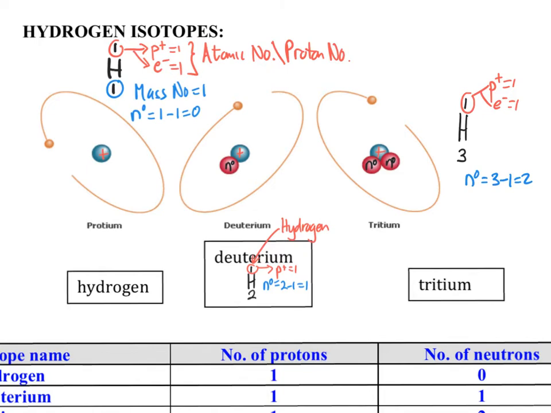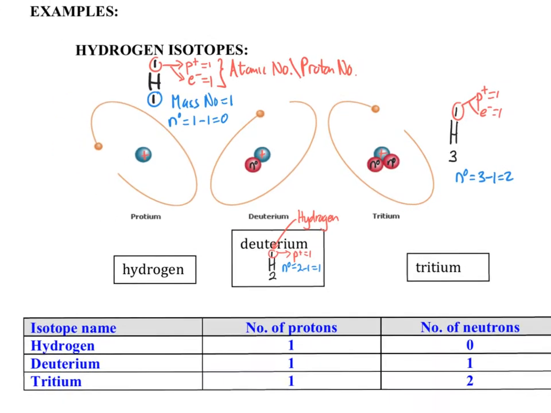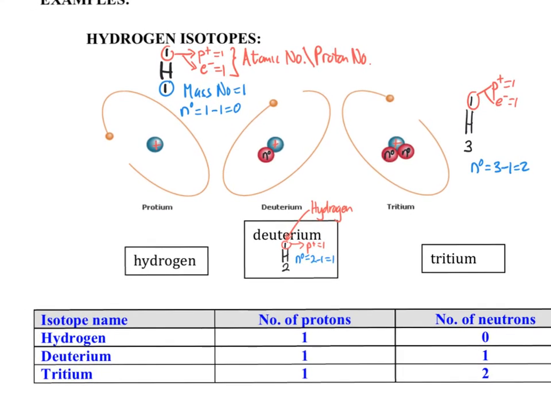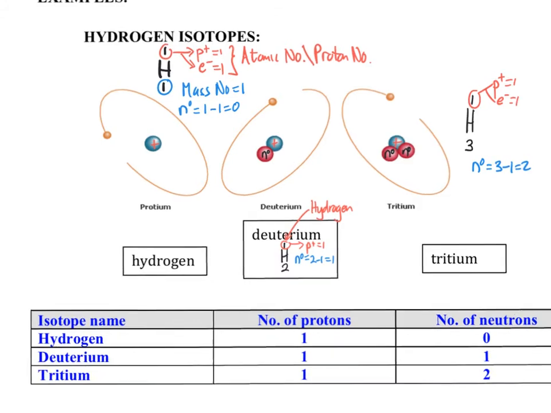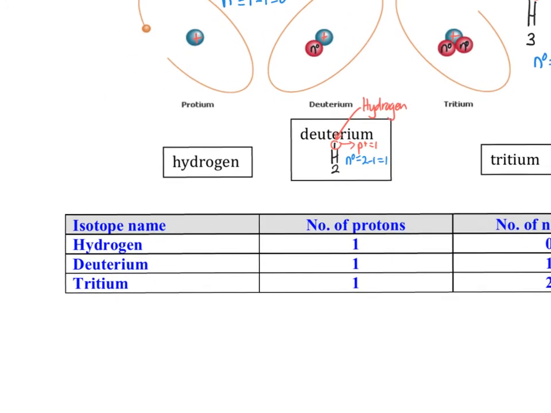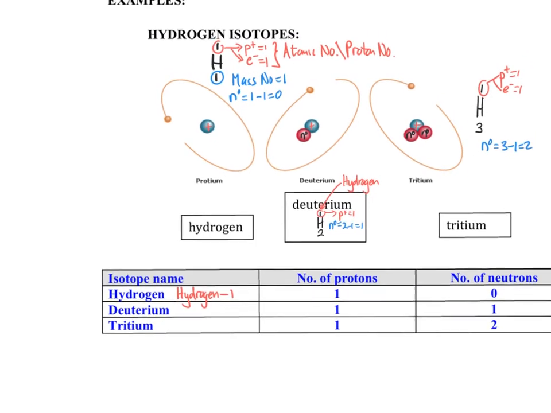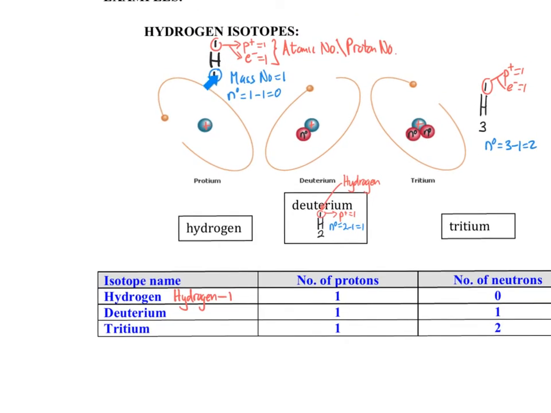So another way of representing these three isotopes is as follows. We use the name and then a hyphen with the mass number. So we could call this isotope hydrogen-1 because the main form of hydrogen has a mass number of 1. In other words, just made up of 1 proton in the nucleus and 1 electron.